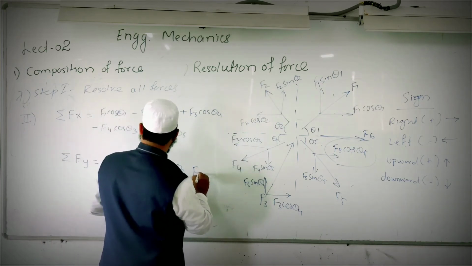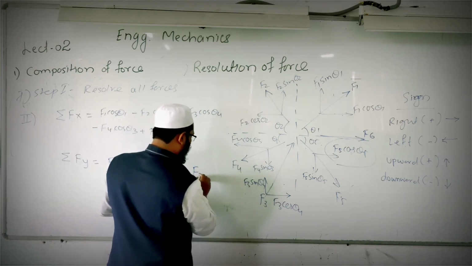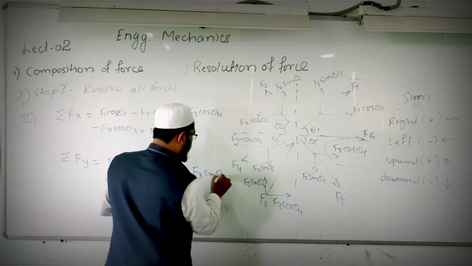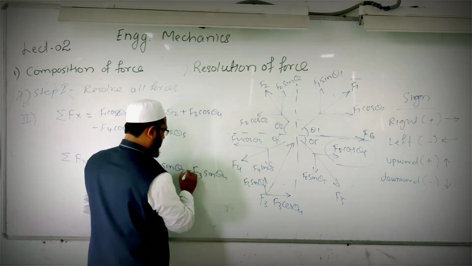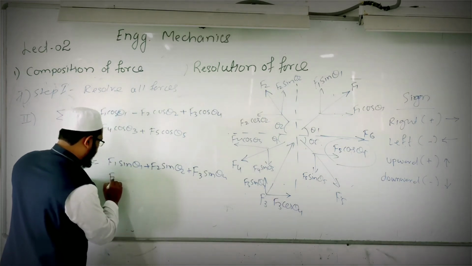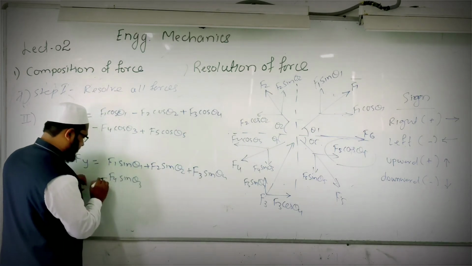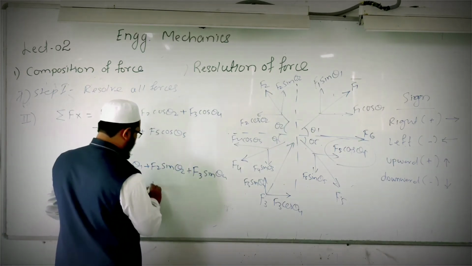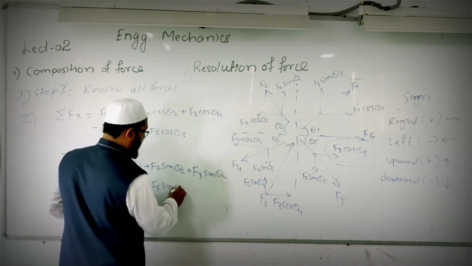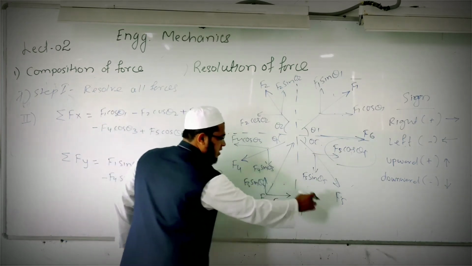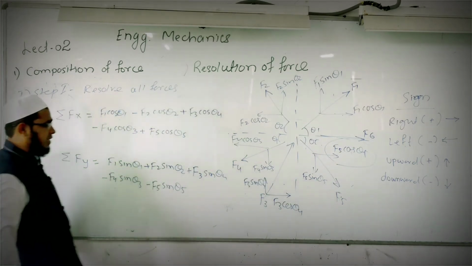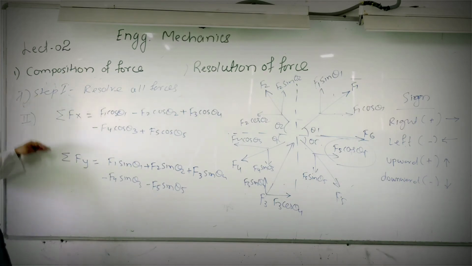Third force, F3 sin theta 4, it is upward, positive. F4 sin theta 3, it is downward, negative. And at the last, F5 sin theta 5, it is downward, that way it is negative. This is the second step, the algebraic sum of all forces acting along the x direction and along the y direction.